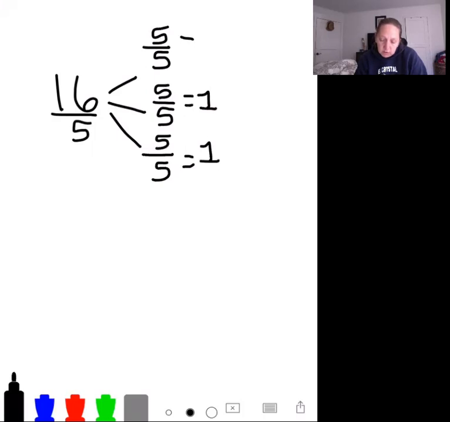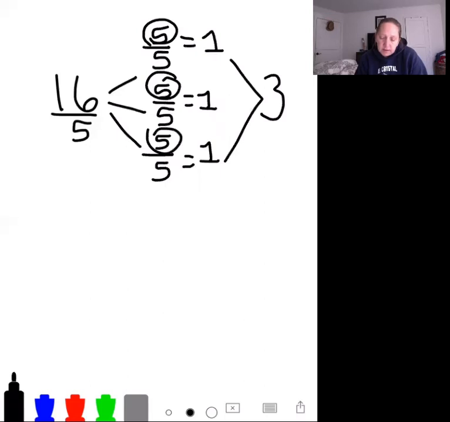That equals 1. So you totally have a whole of 3. But 5, 10, 15, but you had 16, so that means you're going to have 1 left over. And the denominator, guess what? Stays the same.